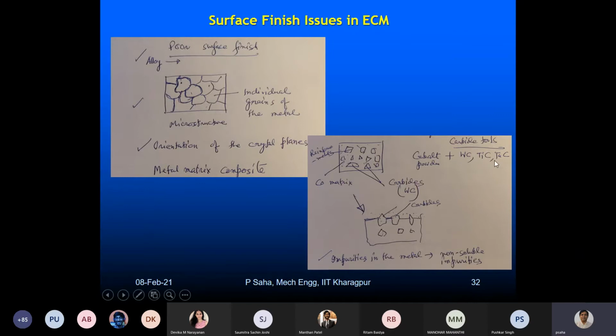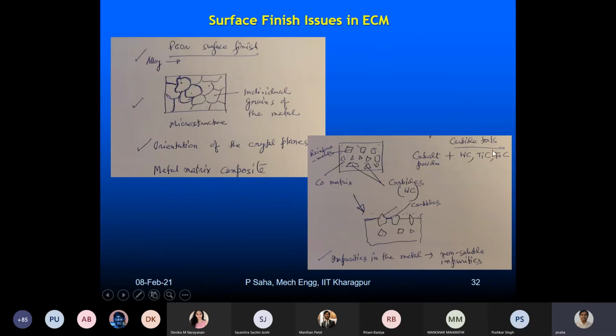These are all hard particles, irregular in shape, and they are called the reinforcements. You mix them into a more or less homogeneous powder mixture, and compact them under pressure. This creates a green compact. You sinter it, you get the composite, and you give it a particular shape to make your tool or die.